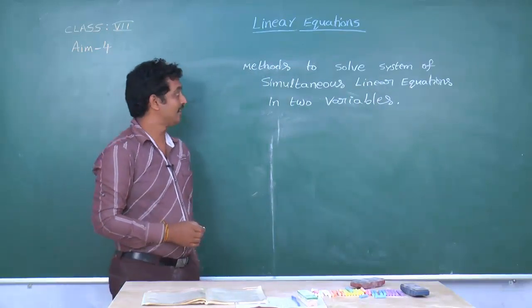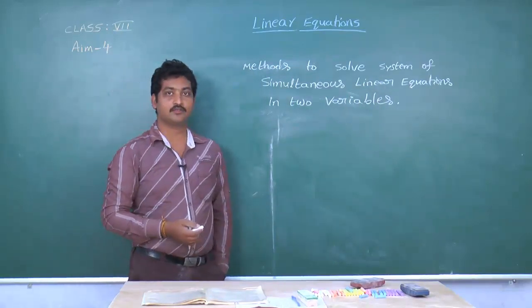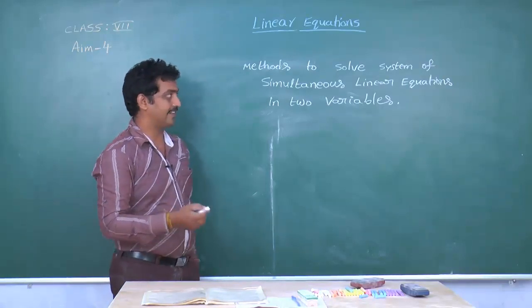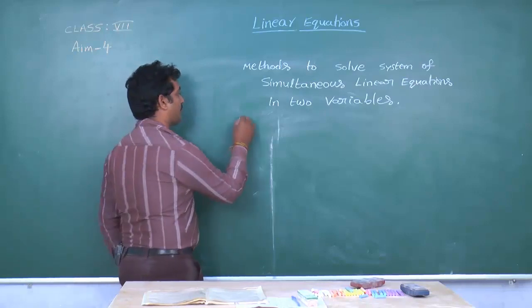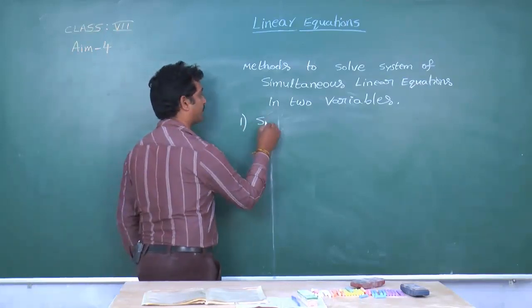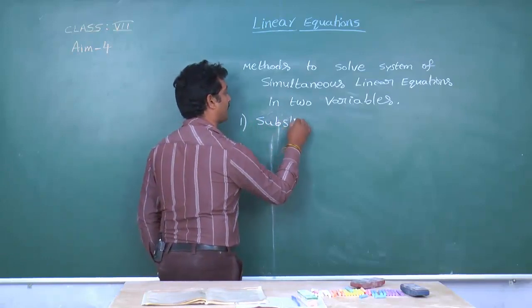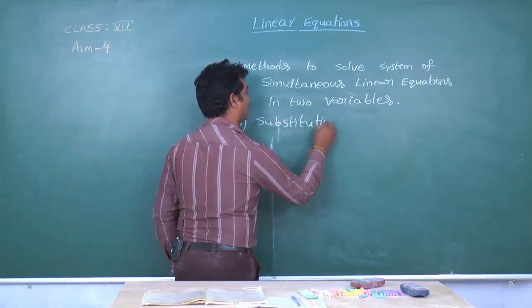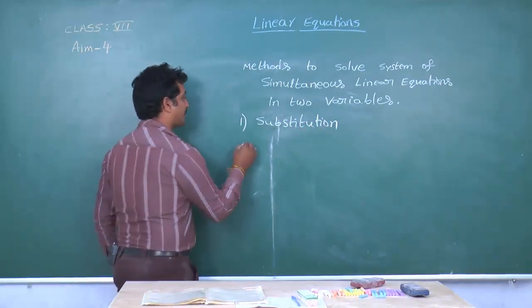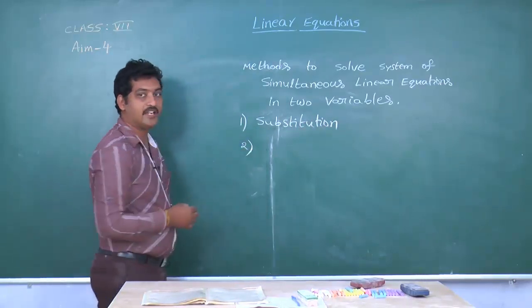Children, see, there are three methods to solve a system of simultaneous linear equations. In that, the first method is the substitution method. The second one is the elimination method.